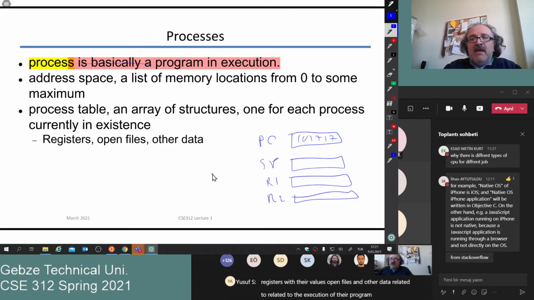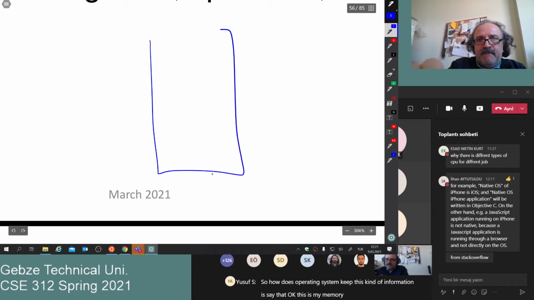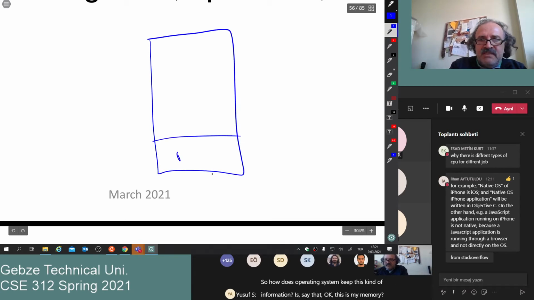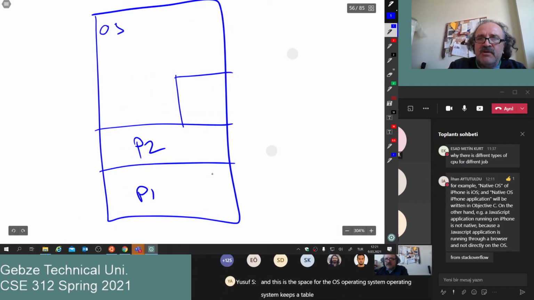So how does the operating system keep this kind of information? It says, okay, this is my memory. This is my process number 1. This is my process number 2. And this is the space for the OS, the operating system. The operating system keeps a table for the processes.